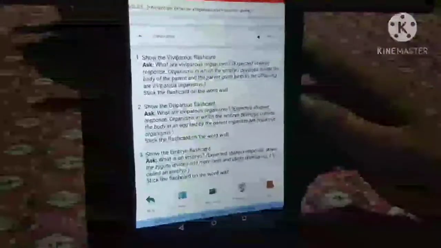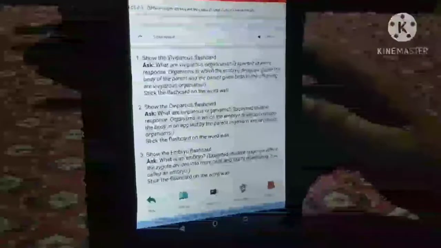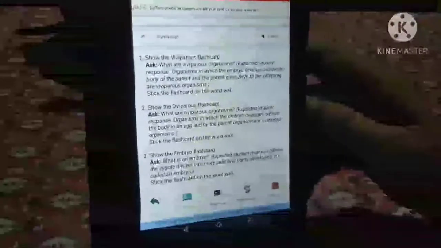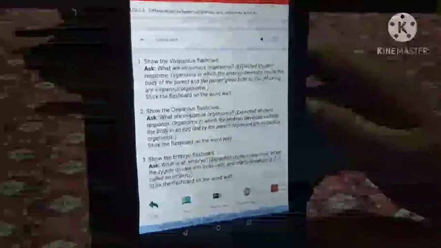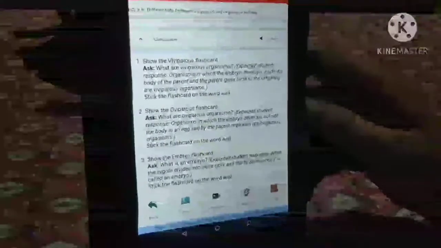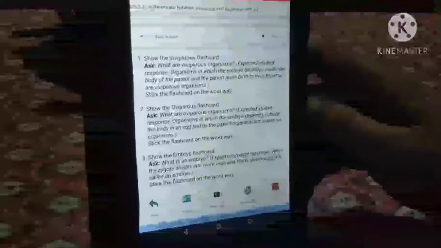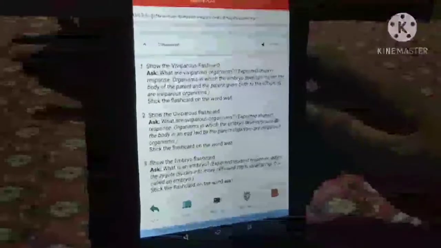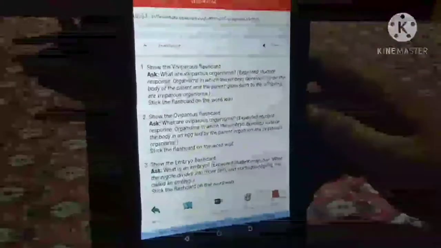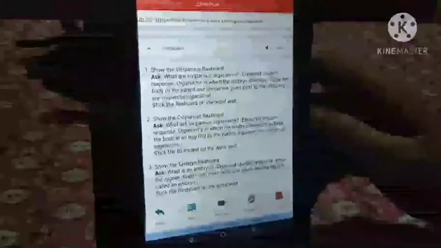Students, what are viviparous organisms? Viviparous organisms are those organisms in which the embryo develops inside the body of the parent and the parent gives birth to the offspring.